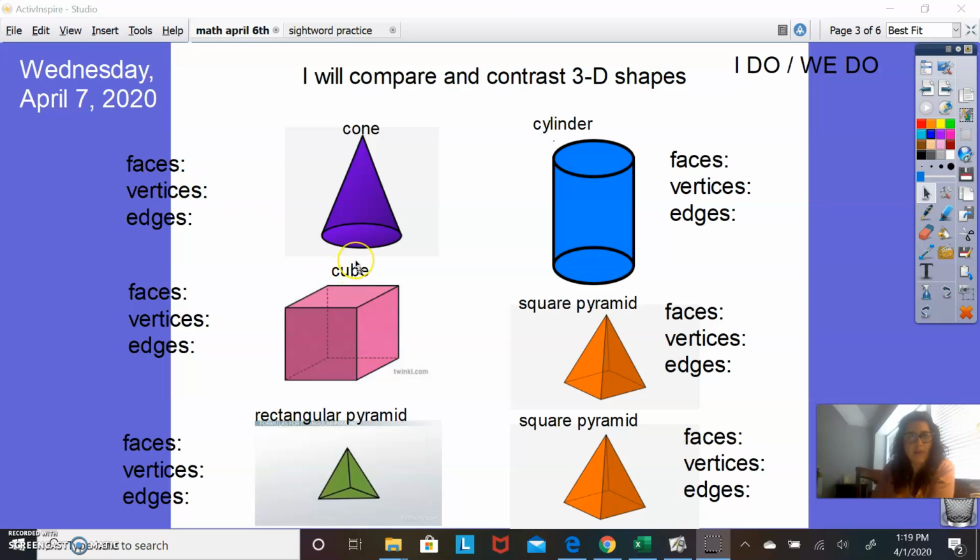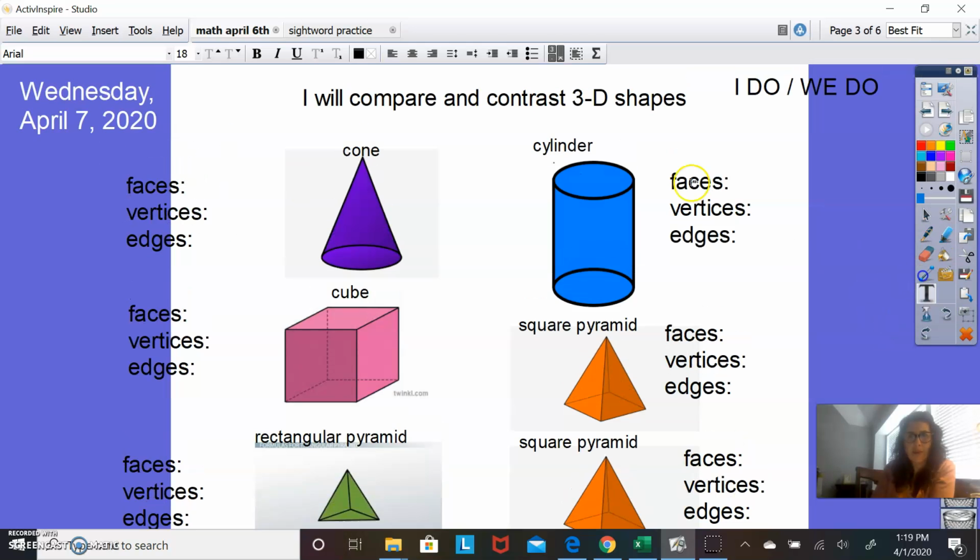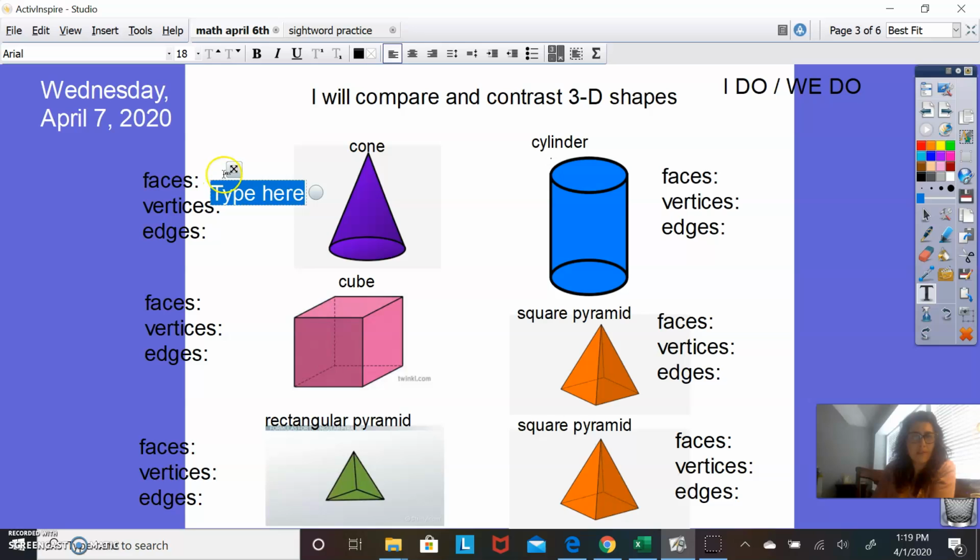Faces, remember, the faces are the flat surfaces on a 3D shape. If we look at the cone, we see one flat surface here at the bottom, so that would be one face. Let's go ahead and mark that on here. Now if we talk about the vertices, remember the vertices are the corners.